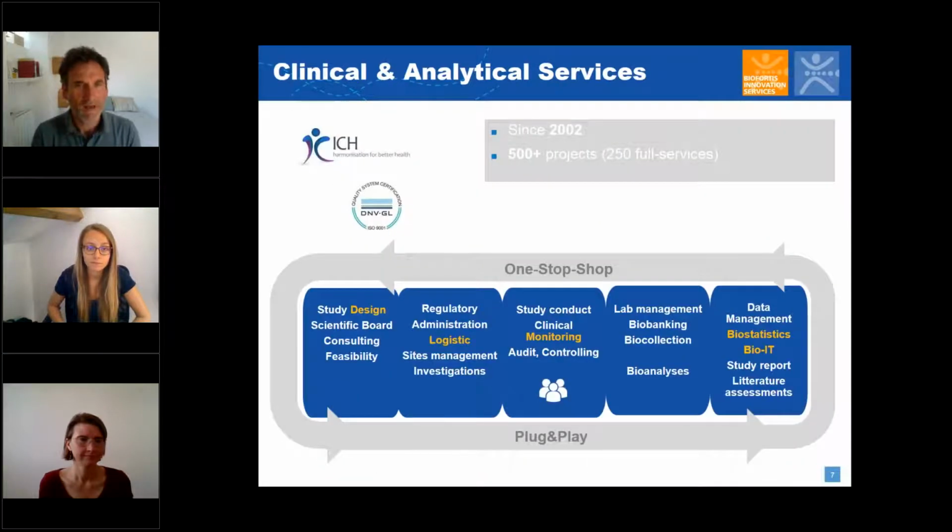Finally, since 2002, we have managed more than 500 projects with 250 full-service clinical trials, from study design to biostatistics, with our methodologists, with our clinical research associates, etc., in two ways: one-stop shop or plug and play.